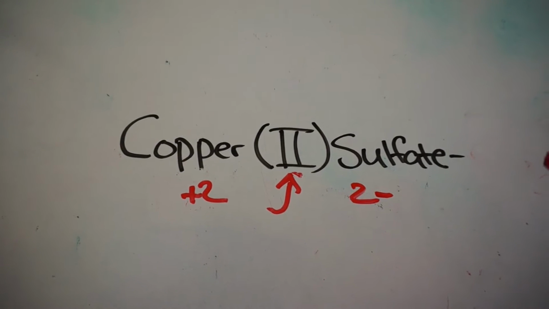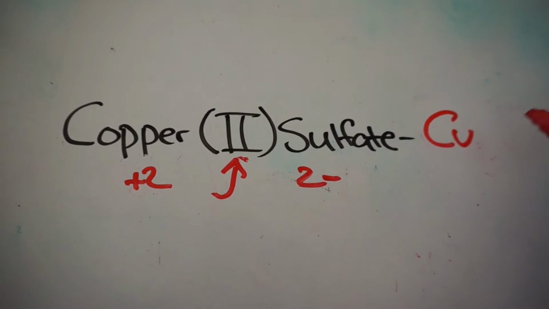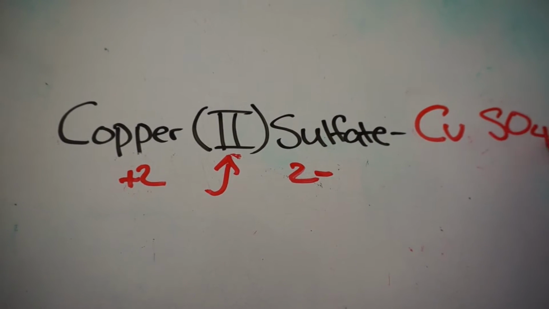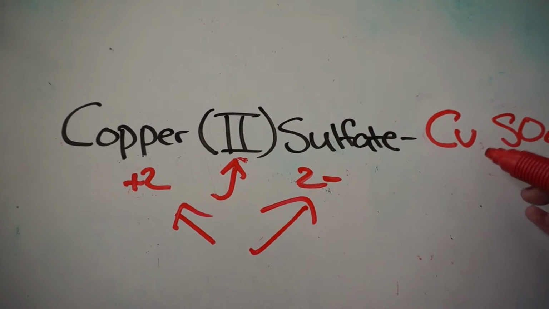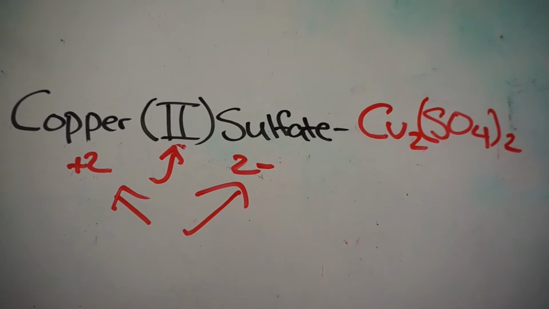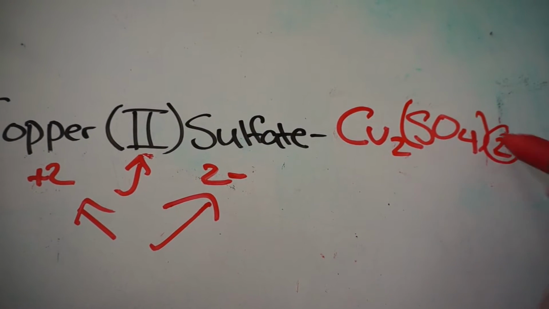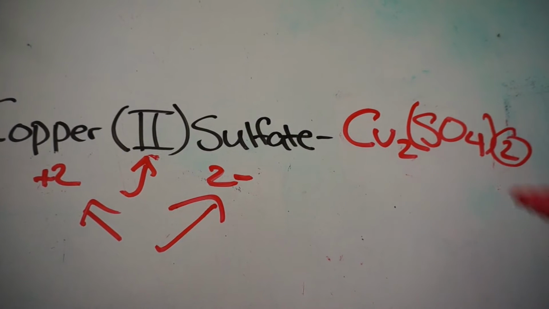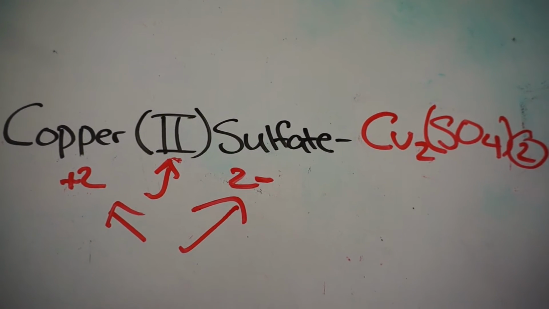So if we were to write this out, it would be copper, so Cu, and the polyatomic ion, so SO4 with its 2 charges. So when you cross multiply, so 2, and then it'll be 2 here. So we put the brackets around the SO4 to indicate that this charge of 2 applies to the whole polyatomic ion and not just the individual atoms inside.